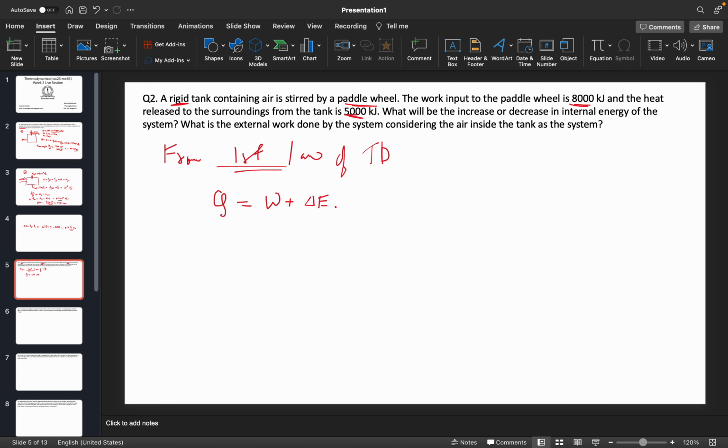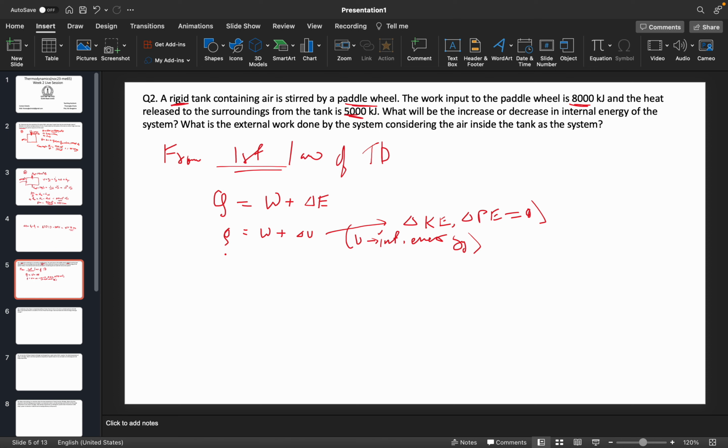Now in absence of kinetic energy, potential energy and all the other energies, this becomes Q = W plus delta U, where U is our internal energy. This is valid only when delta KE and delta PE are 0, that means no change in kinetic and potential energy is involved during the entire process. Then this equation is valid for the first law of thermodynamics.